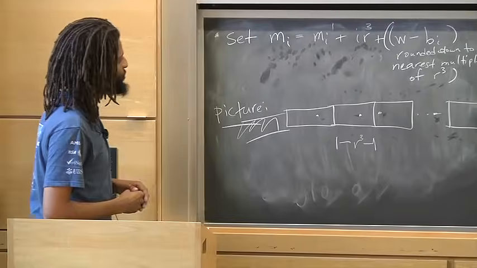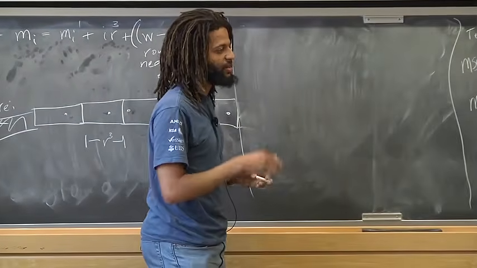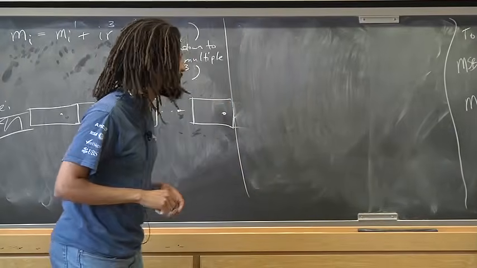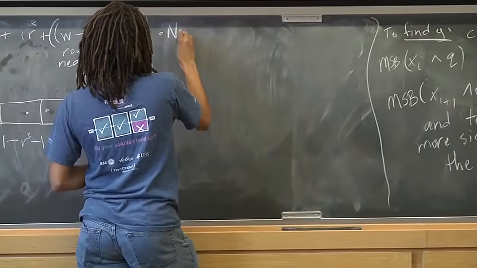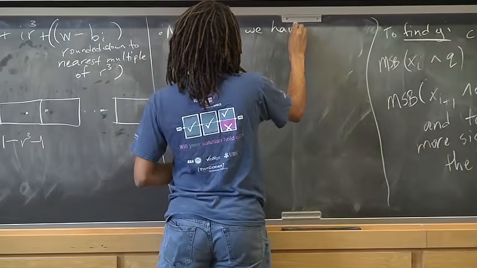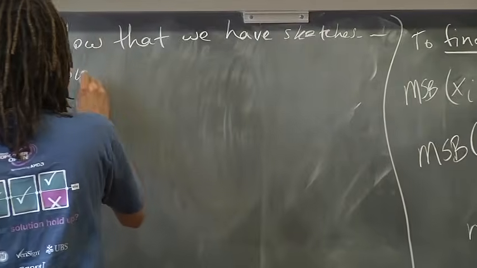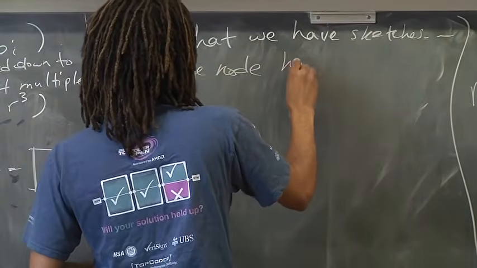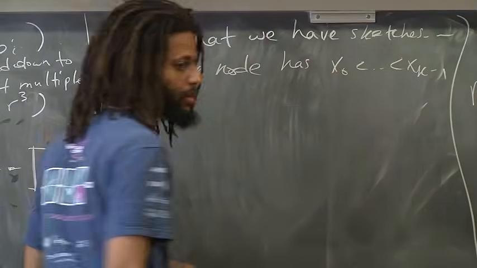Good. And in preprocessing, going back to a question that I guess you asked me a while ago, what are we actually going to store at a fusion tree node? Now that we have sketches, suppose a fusion tree node has x0 less than up to x(k-1).